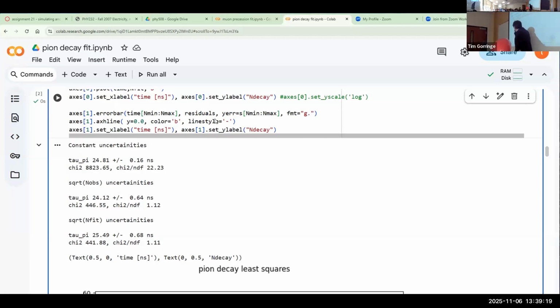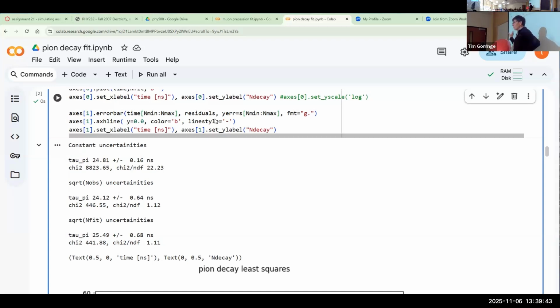We then updated to the square root of the observed number of counts. When we did that, we're approximating the uncertainties on the data points, and that fixed the chi-square. The chi-square is now an adequate chi-square. But if you look at the fit for the lifetime, I think it still has bias.